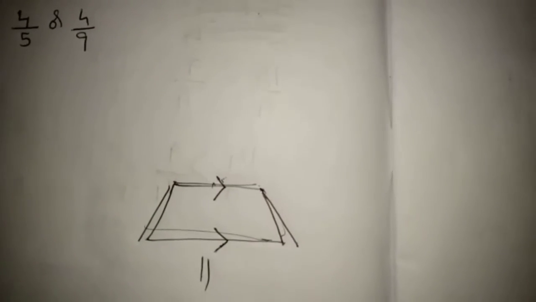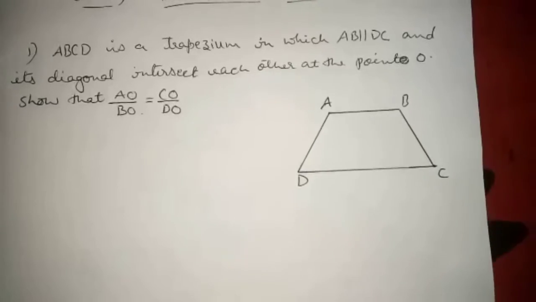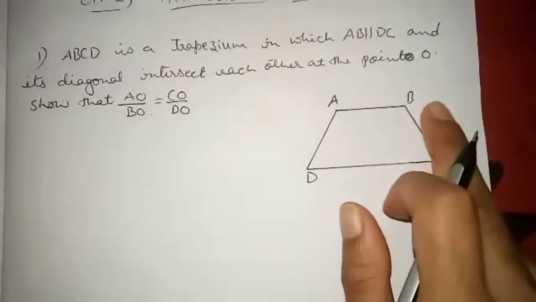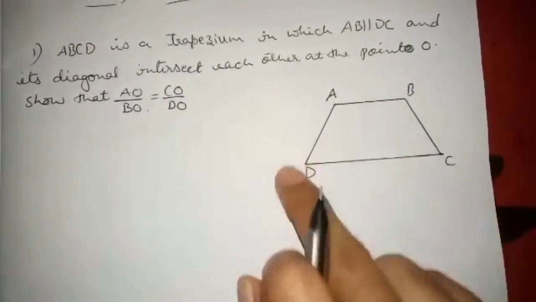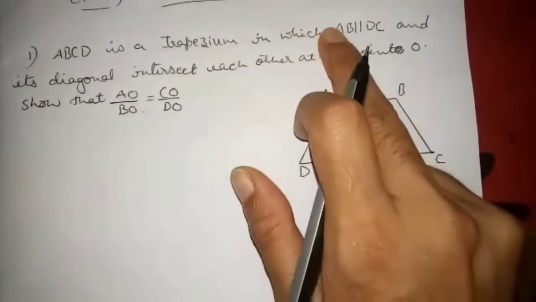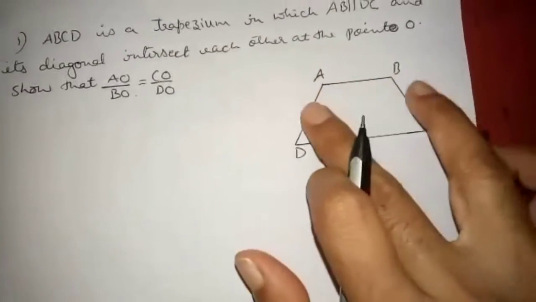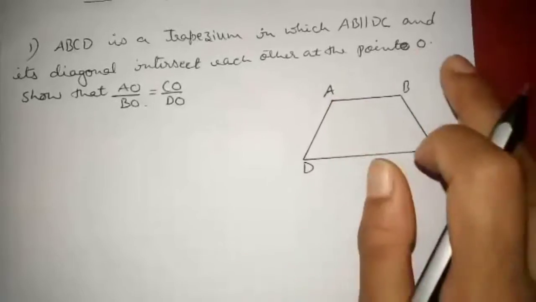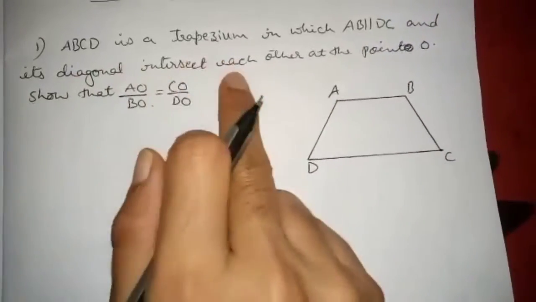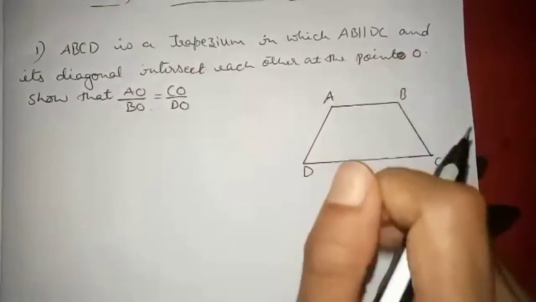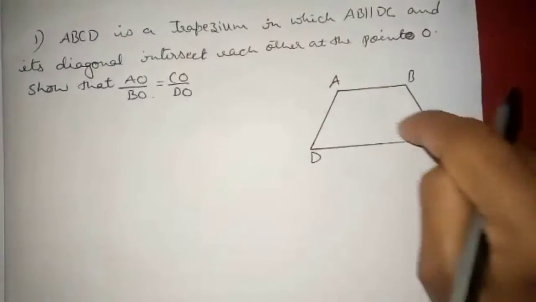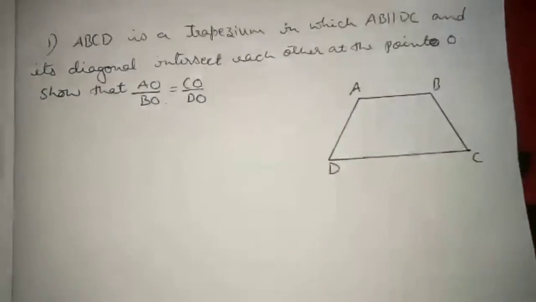So we'll draw a trapezium for that question. Here we have drawn the trapezium. ABCD is a trapezium in which AB is parallel to DC. See, these two sides are parallel and these two are non-parallel. And its diagonals intersect each other at point O, so we have to draw the diagonals.